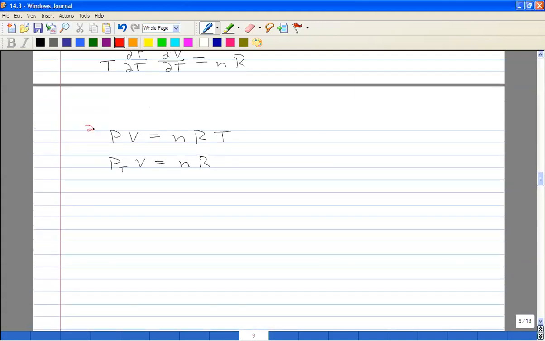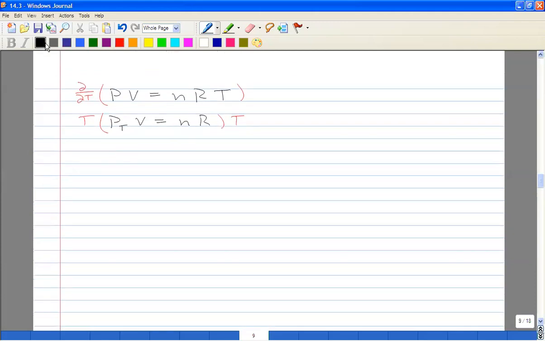I take the partial with respect to T. So now let's multiply by T. So I have here that TV partial P with respect to T is equal to nRT.